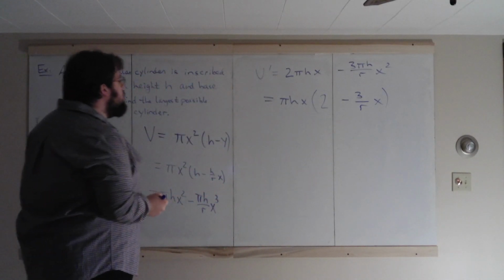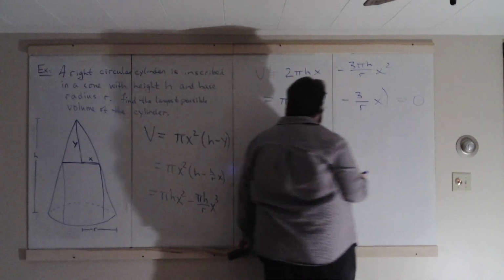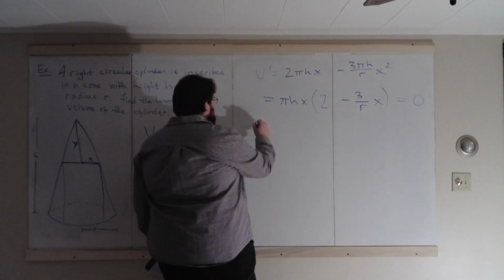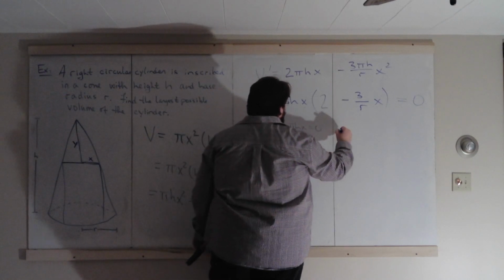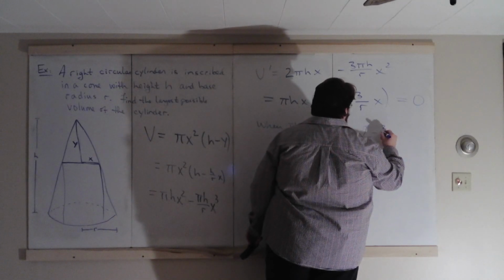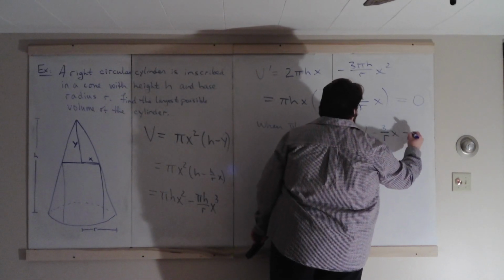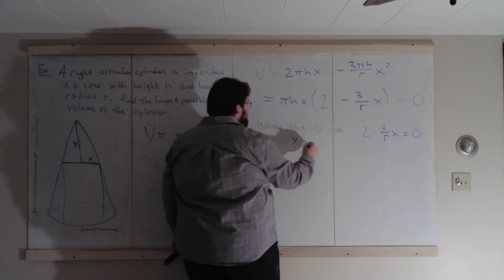Well, that's great. Now we have to set this equal to 0 and solve. It equals 0 when this equals 0, or when 2 minus 3 over r times x equals 0. Divide by pi h, you get x equals 0.